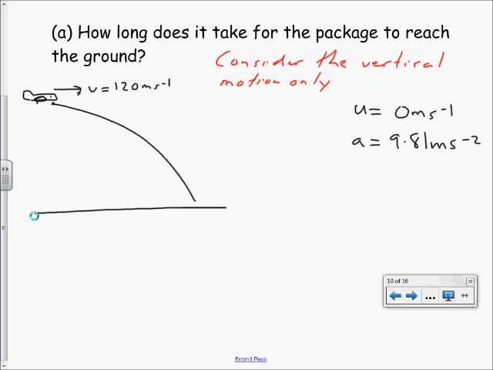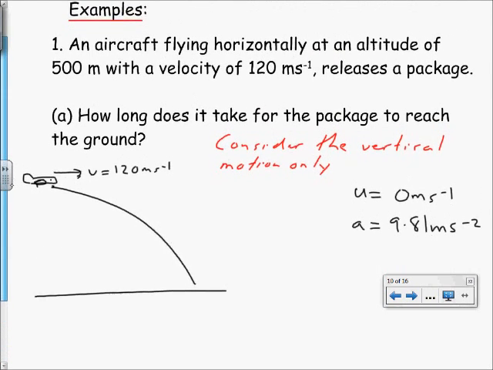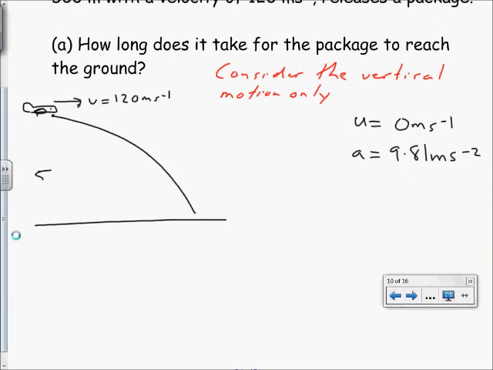If we just flip back up the page, we knew the altitude, 500 meters. So we know the distance through which the parcel is going to fall. S equals, and what does the question ask for? Time. Oops, sorry. S equals 500 meters. Get it right? And we're trying to find the time.